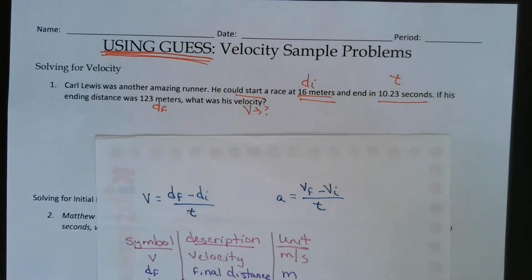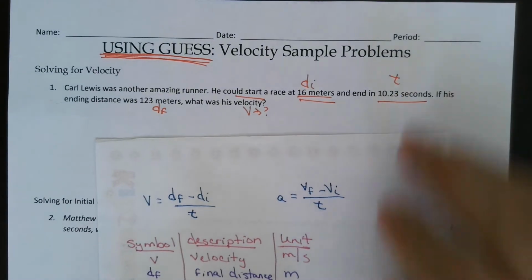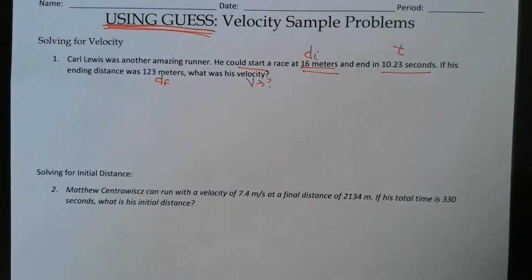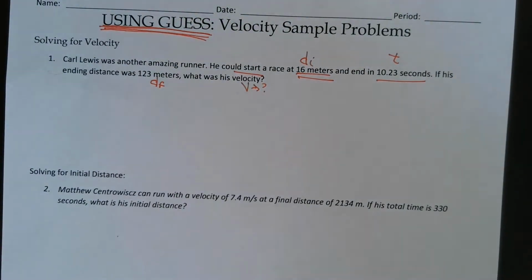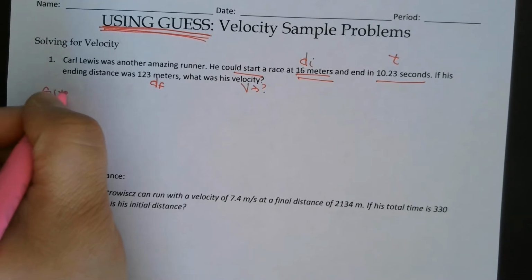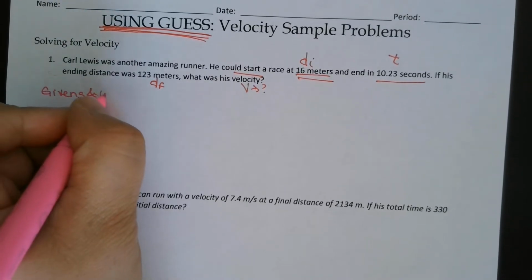I've kind of gone through and told you how to figure out what each of these are, but I'm still going to have you list them for us. So the first part of GUESS, givens, unknowns, equation, substitute, solve, is writing the givens and the unknowns.